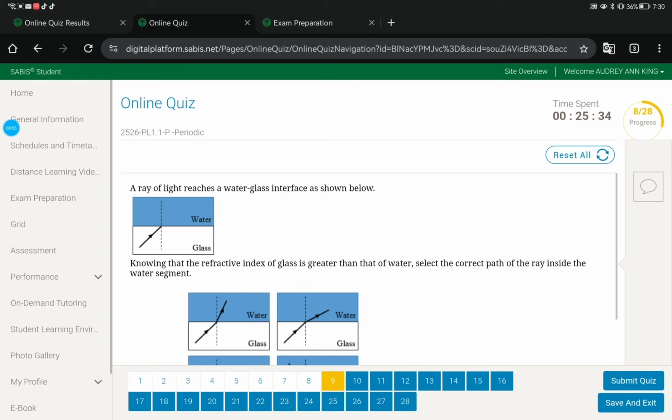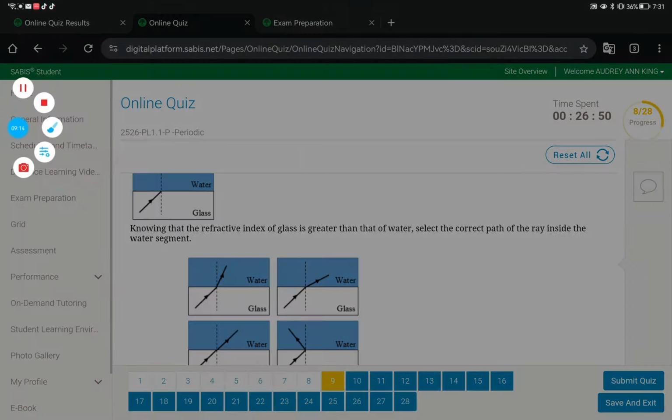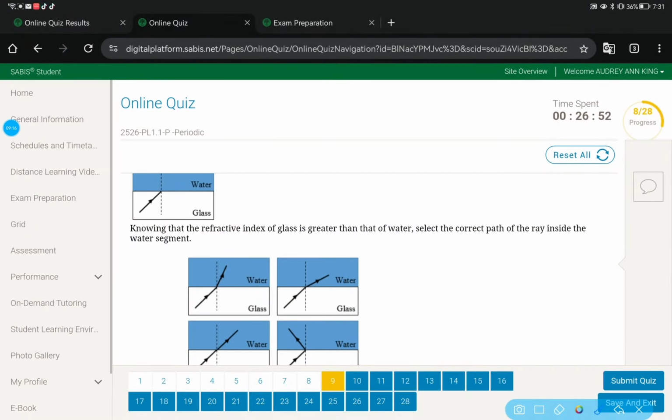A ray of light reaches a water-glass interface as shown below. Knowing that the refractive index of glass is greater than that of water, select the correct path of the ray inside the water segment. I was about to say if you can remember, but you are here to remember, so let me just explain.